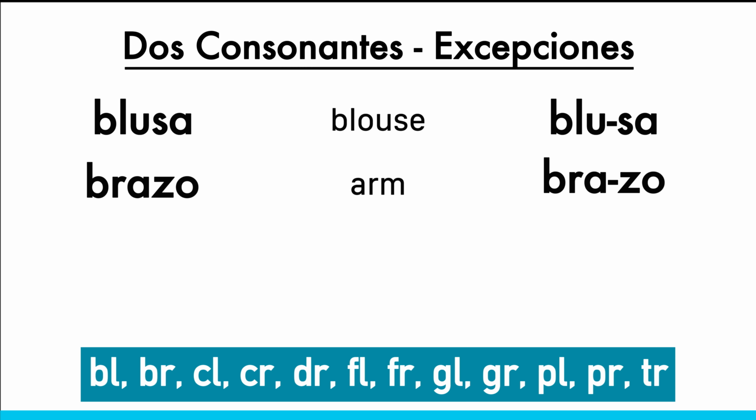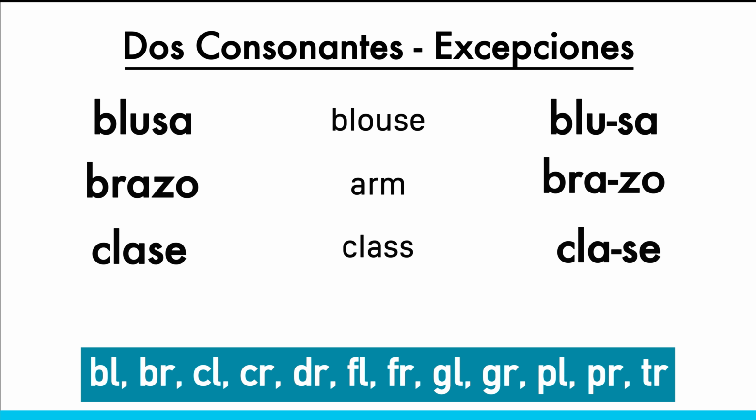We can see here the B and R are going to stay together. Clase. The last one is tren. And this one is actually one syllable. It only has one vowel, so it is going to stay as one syllable.